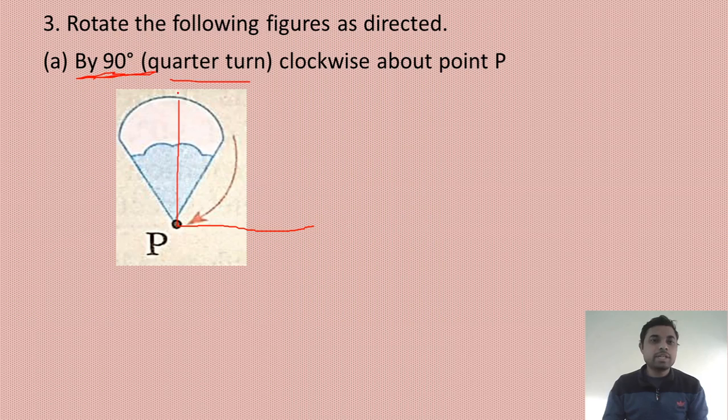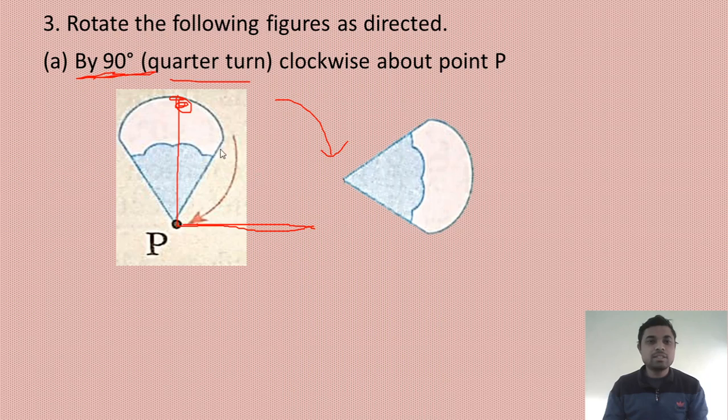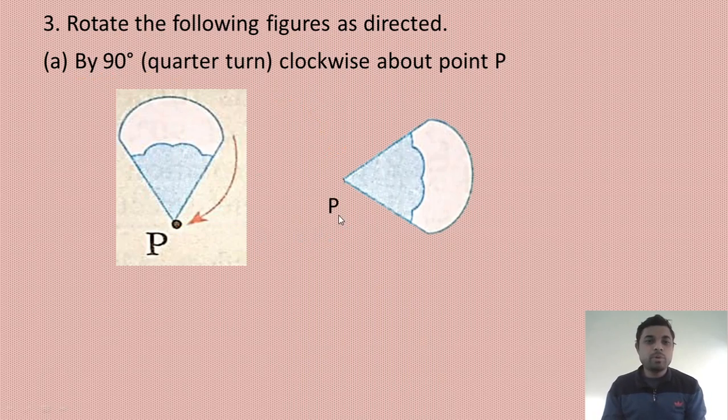So when it rotates, this position is here. So when it rotates 90 degrees, that means it will be here. When it rotates 90 degrees, this point will be here. Okay, so it looks like this. Just see, this position will be here. Name it point P. Okay, so this will be a quarter turn.